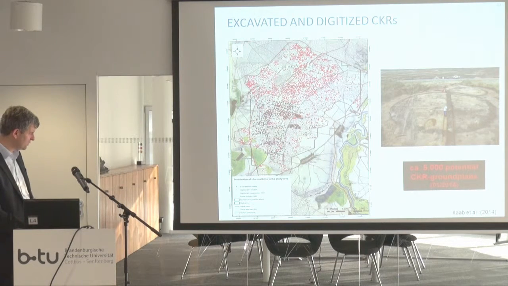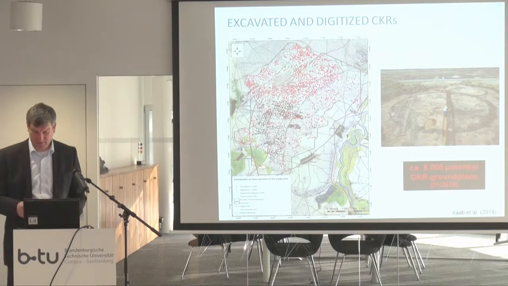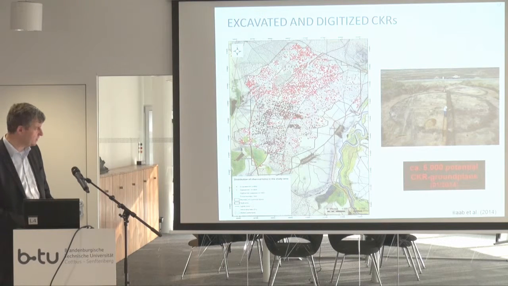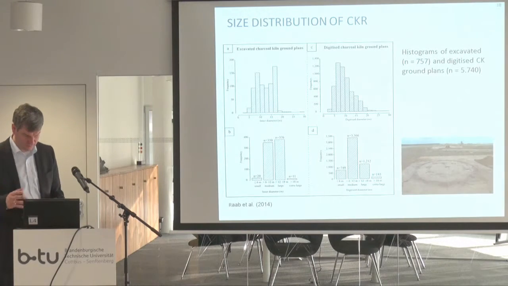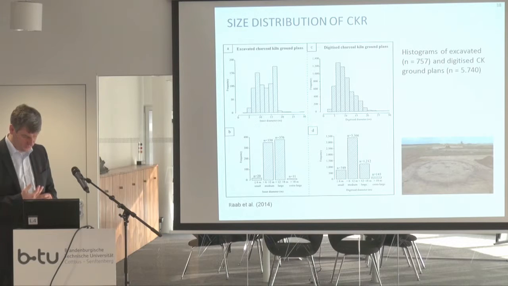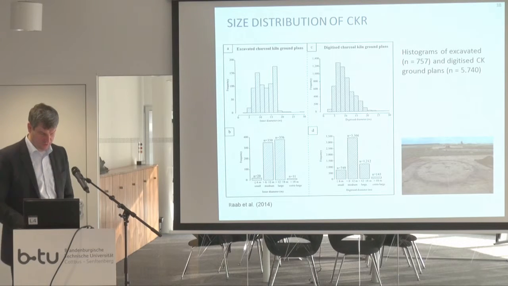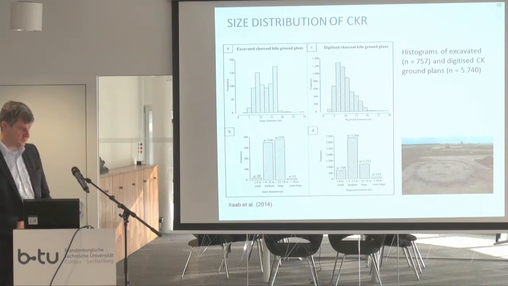And in a first approach, we identified just for the Jänschwalde site 5,000 potential charcoal kiln remain ground plans for that one site. Later on, we have seen that we have to revise this, and we are now for sure that for this site we have 1,500 charcoal kiln plans.